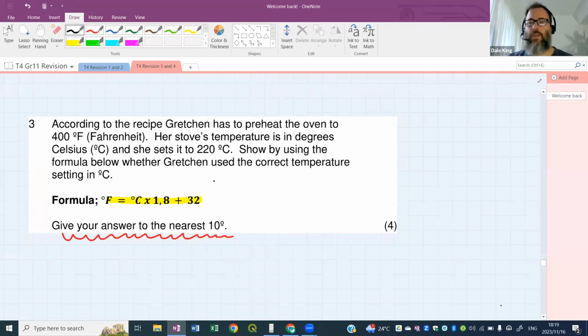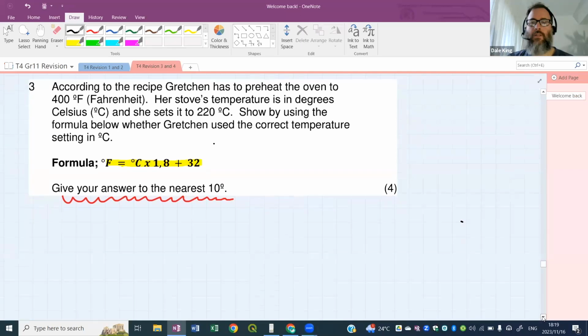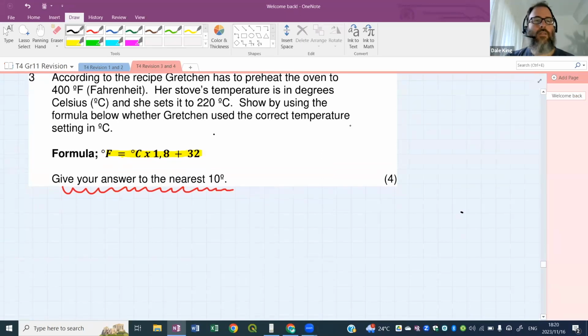Right, so we're going to do the calculation and check. Okay, so you guys should be able to do the calculation and then let me know. Did she use the correct temperature by setting it to 220 degrees? Is 220 degrees enough? Too much, too little? Is it good? Is 220 degrees the right temperature?